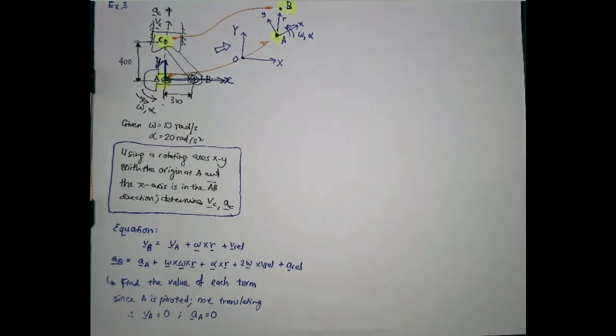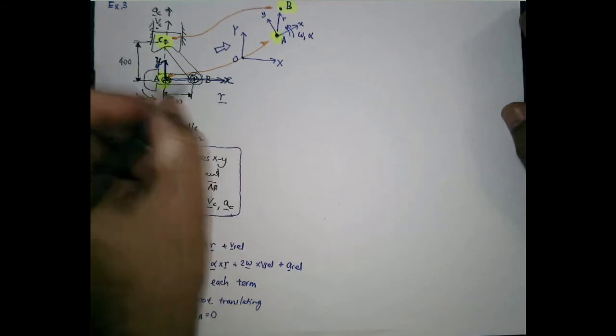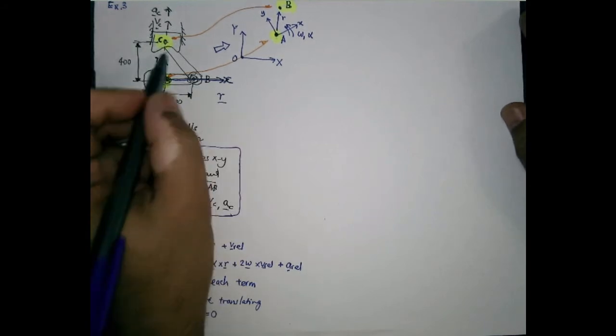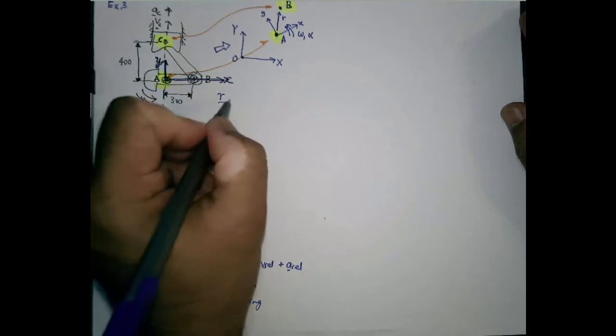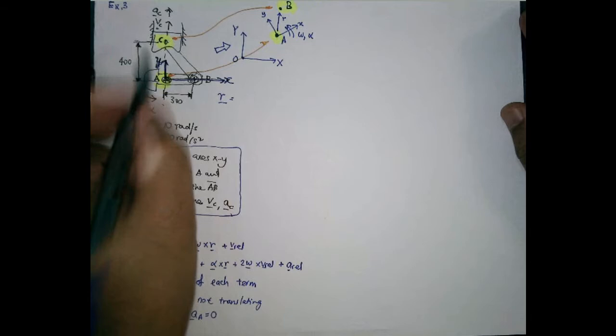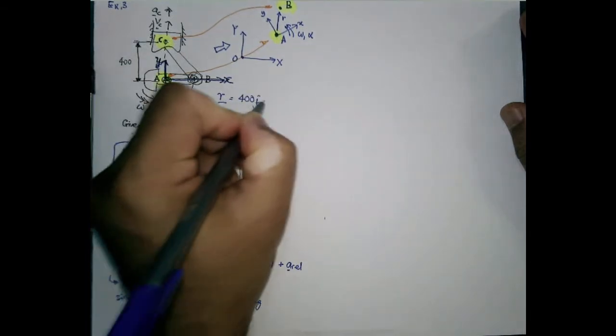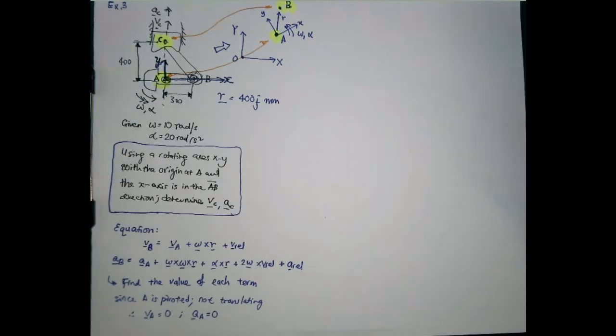So VA equals 0 and acceleration of A equals 0. And what is R? R from here, point C is above point A, so this is B relative to A, is 400J mm.